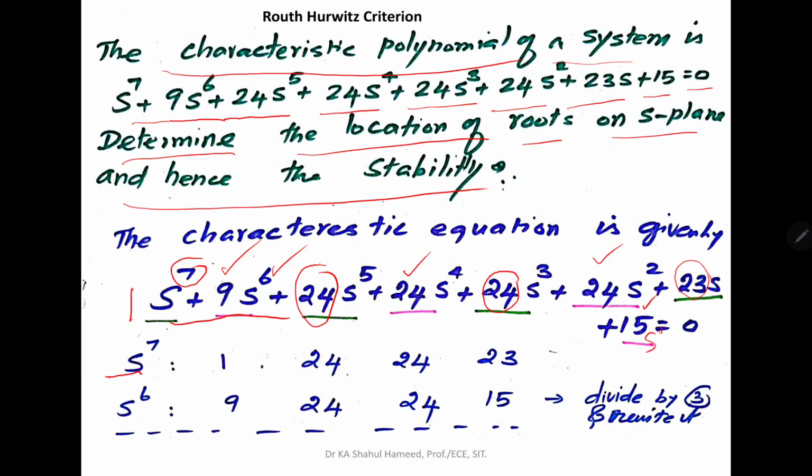So we just take the odd coefficients, that is 1, then 24, then 23. Similarly, even coefficients 9, then 24, then again 24, finally 15.